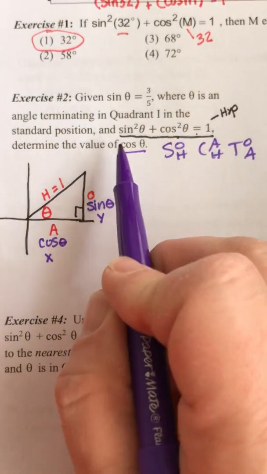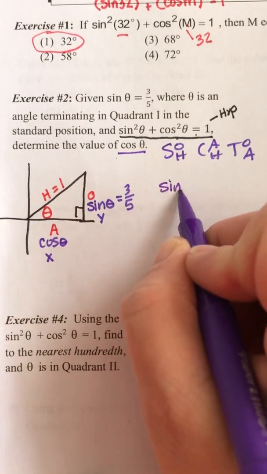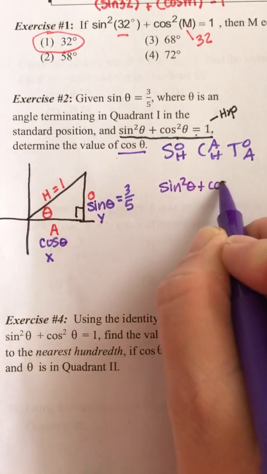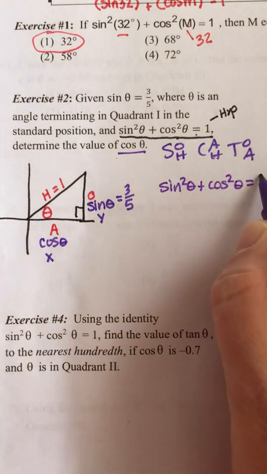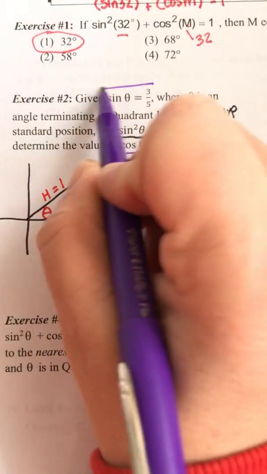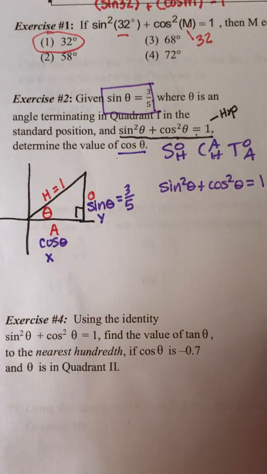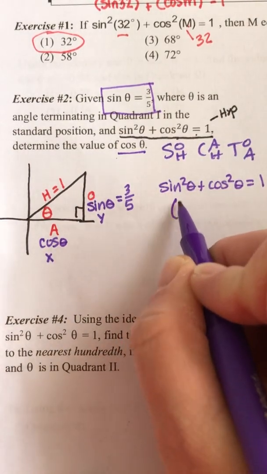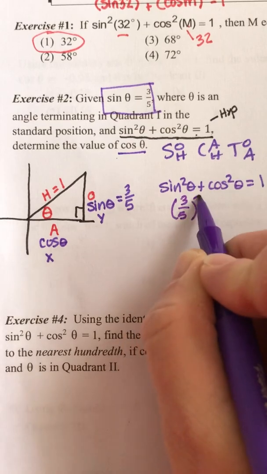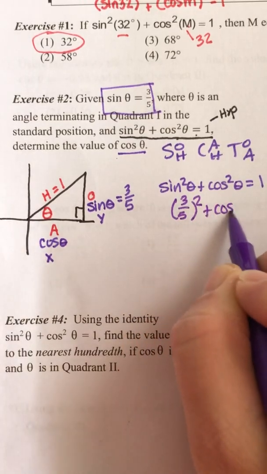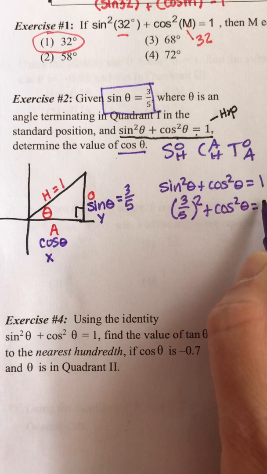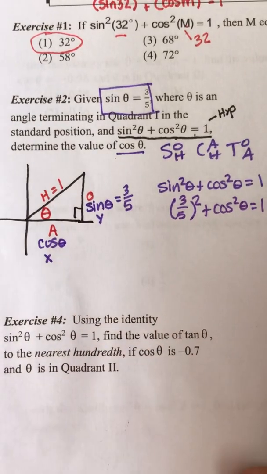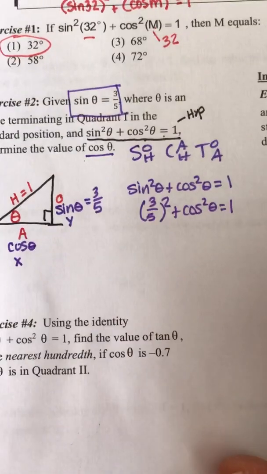Let's use this formula. The formula says the sine squared of our angle plus the cosine squared of our angle equals 1. They've given us the sine is 3/5, so I'm going to make the substitution for sine. This is going to be 3/5 squared plus cosine squared of theta equals 1. All right, 3/5 squared.